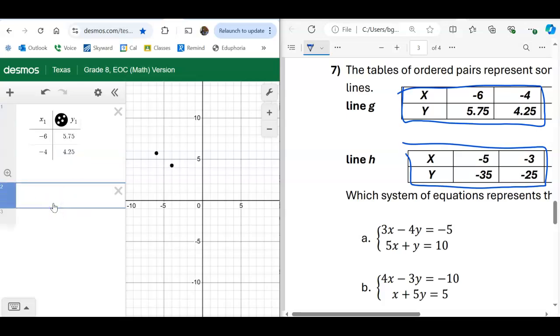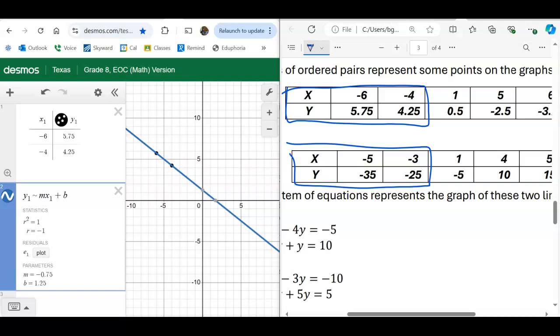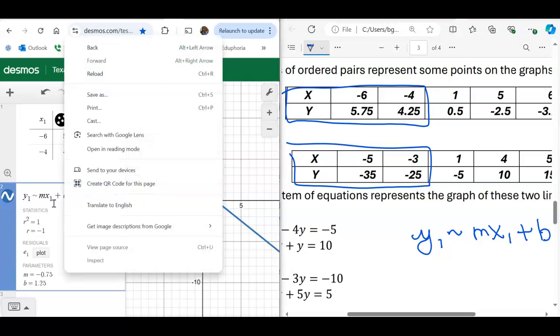Okay, and then you have to remember this: y1 squiggle mx1 plus b. Okay, let's write that over here. y1 squiggle mx1 plus b. Okay. Now notice it gives me my m and my b.